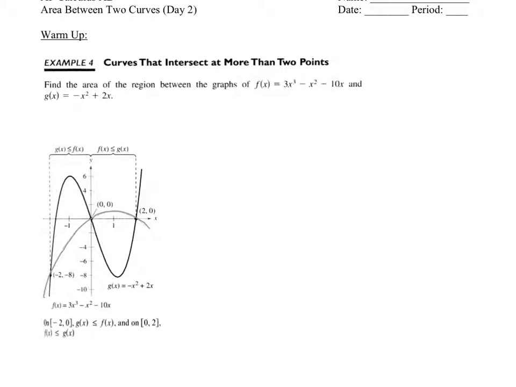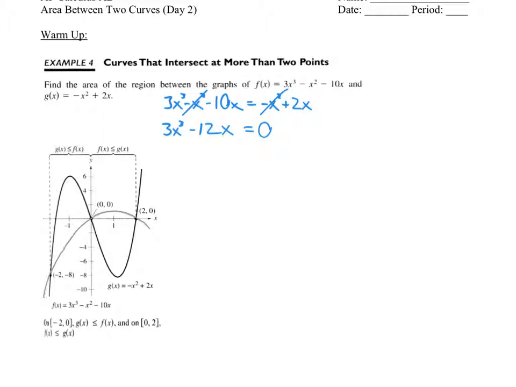So you're setting f of x equal to g of x: 3x cubed minus x squared minus 10x equals negative x squared plus 2x. And since it's a polynomial, we get it equal to 0. And this one's kind of nice because we've got a 3x cubed. The x squareds will cancel, and we have a minus 12x, and that all equals 0.